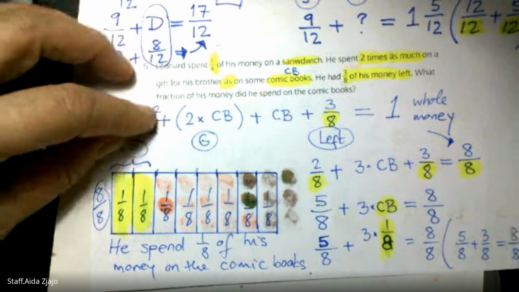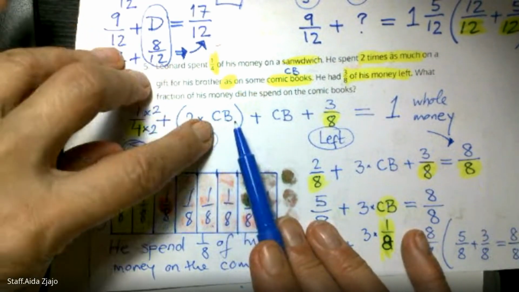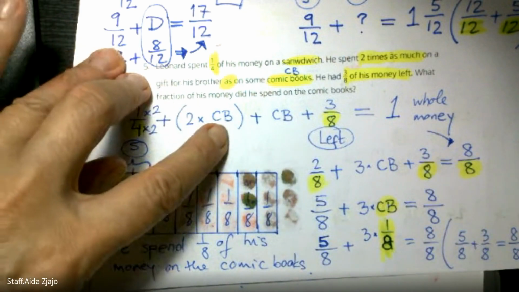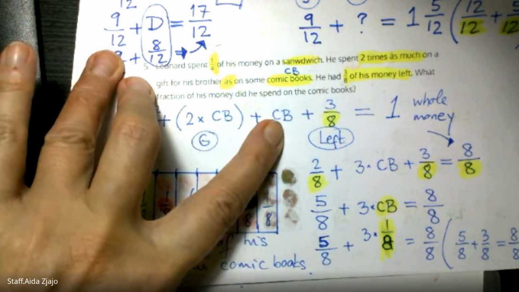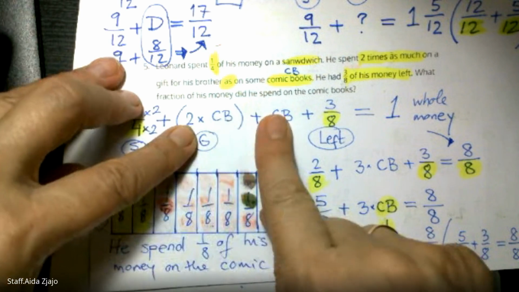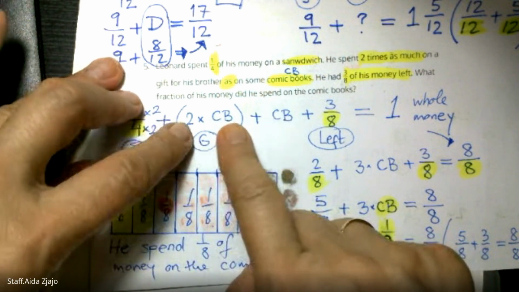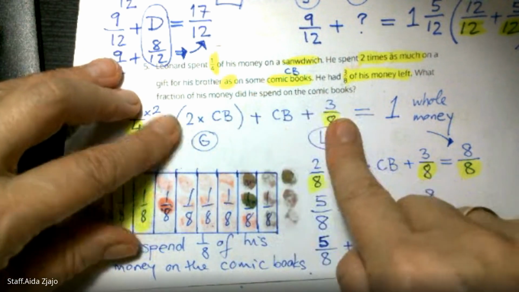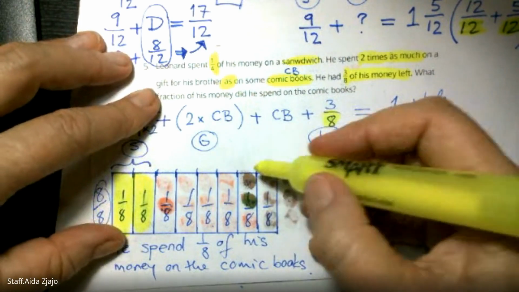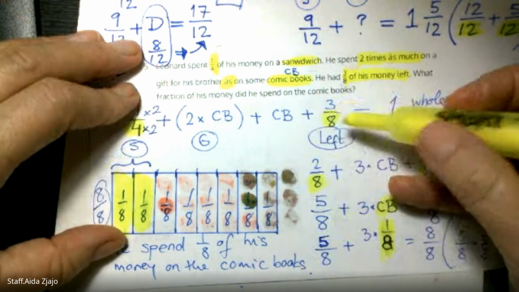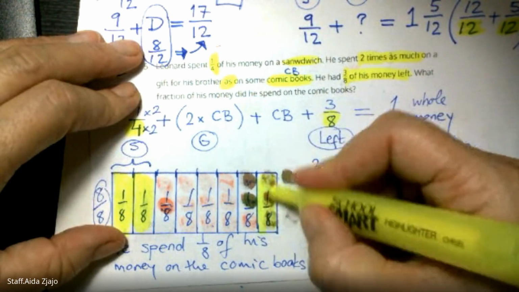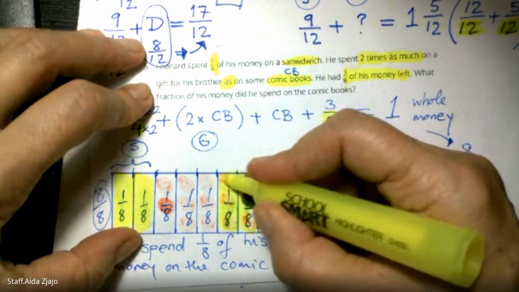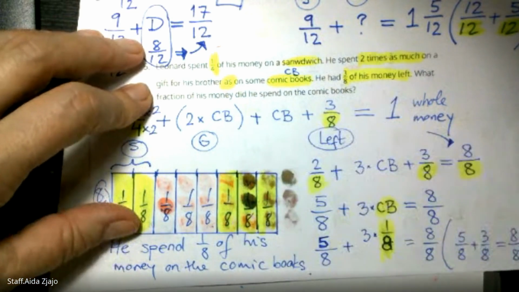Then 2 times the same as comic books, so twice on the gift plus the comic book, it means 3 parts. And then we can label the 3/8 that he had left. 3/8 is this left. So you can see in the middle exactly how these 3 parts play.